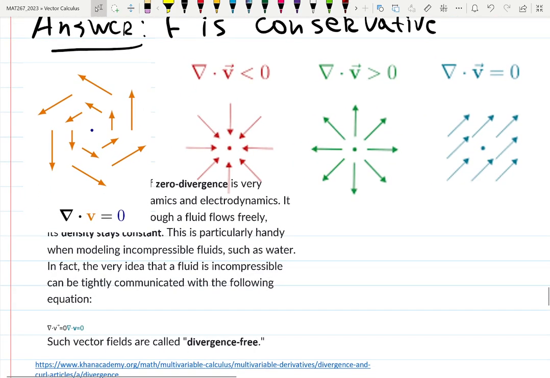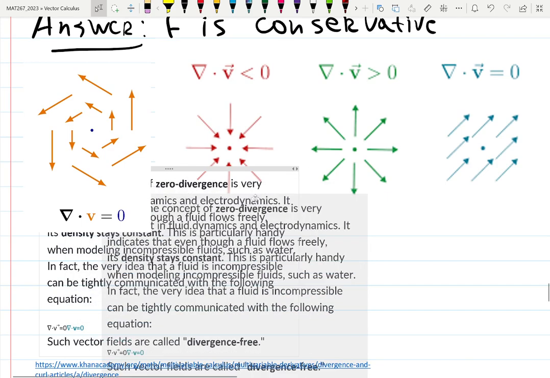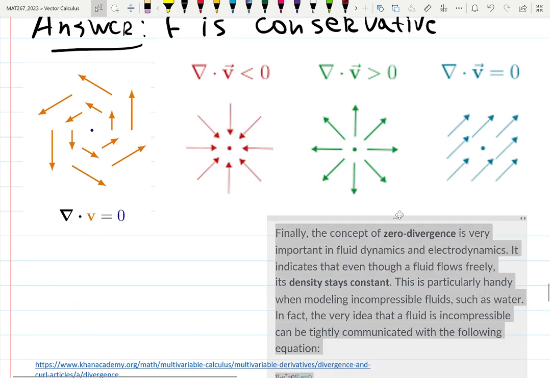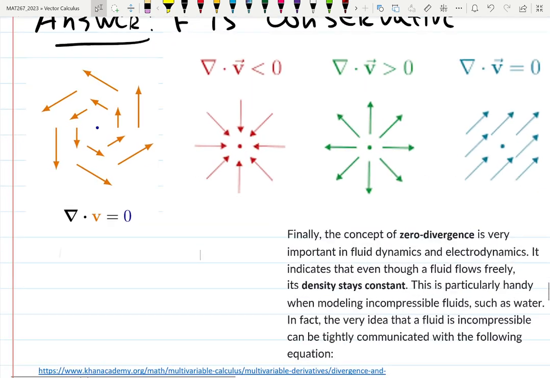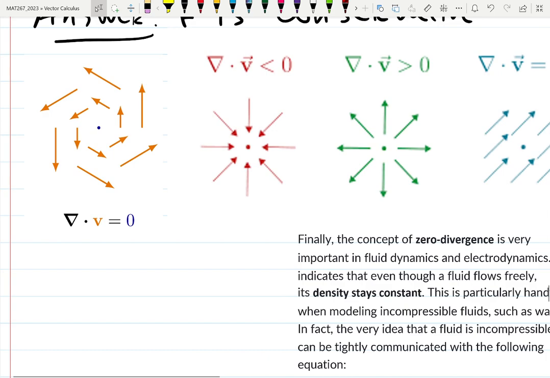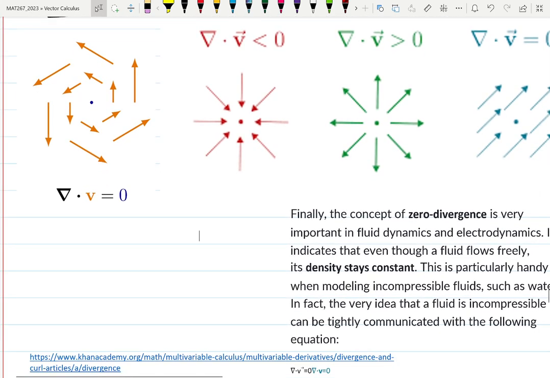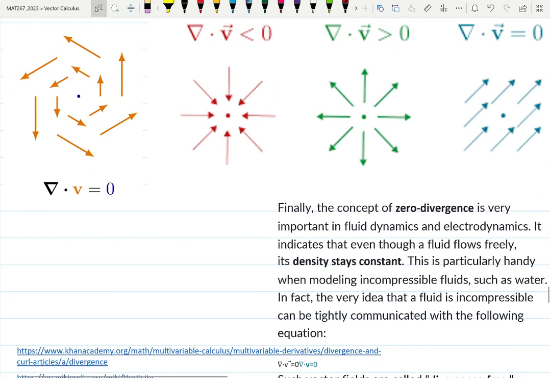So check out, very interesting what I found today. I wanted to show more stuff. So here it is. What does it mean to have zero divergence, for example? What is the concept of zero divergence? It's very important in fluid dynamics and electrodynamics. It indicates that even though a fluid flows freely, the density stays constant.